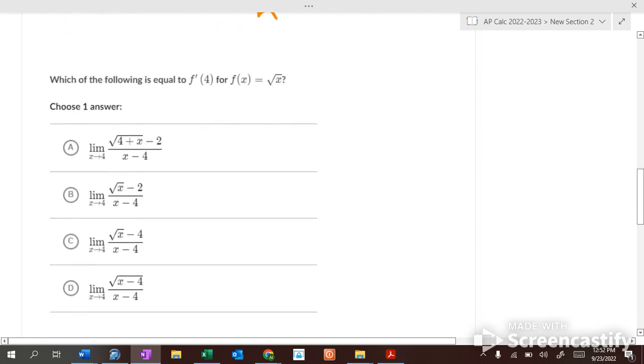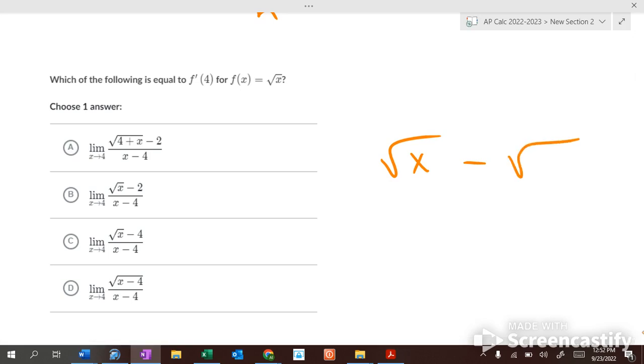So it says, what is the derivative at 4 when f of x equals the square root of x? Well, f of x is the square root of x. So we need to find something that is the square root of x minus, and then we take f of 4.